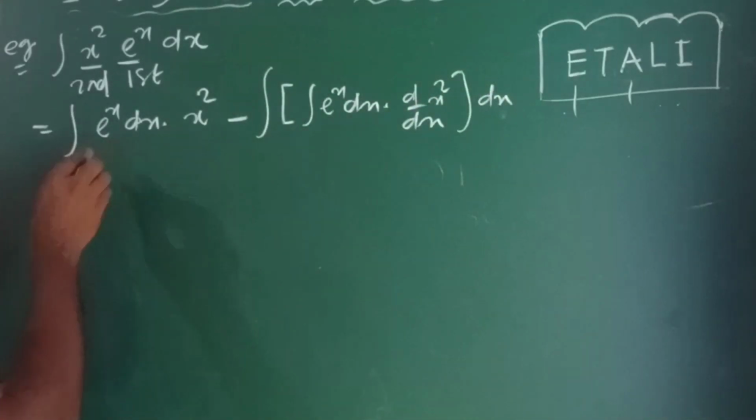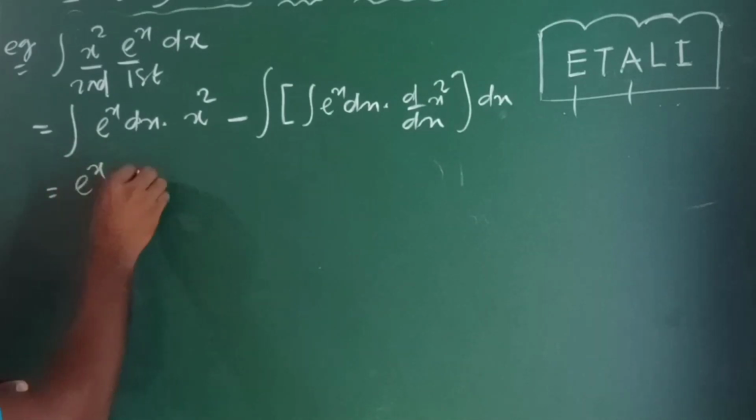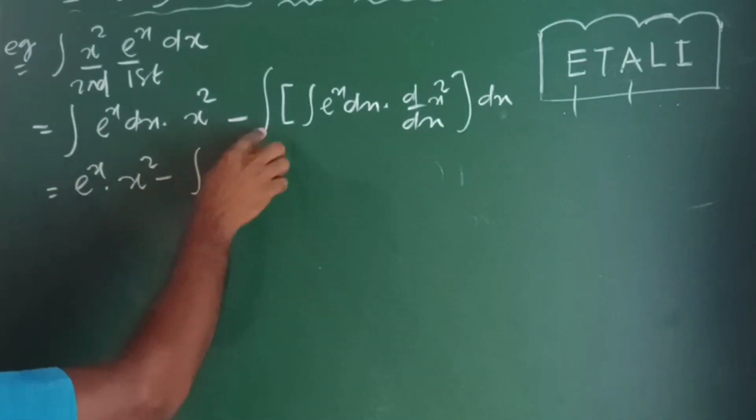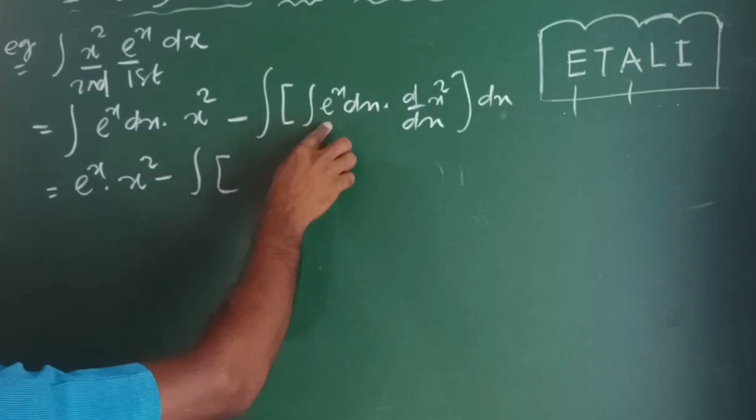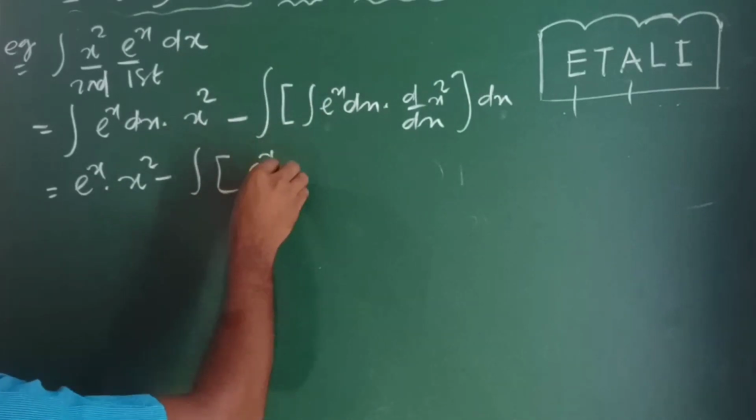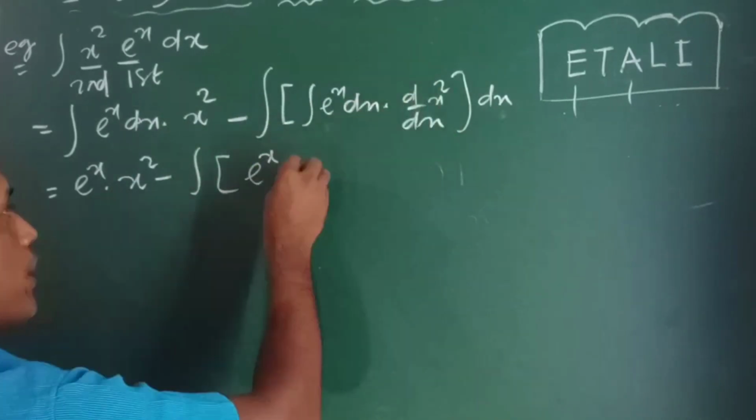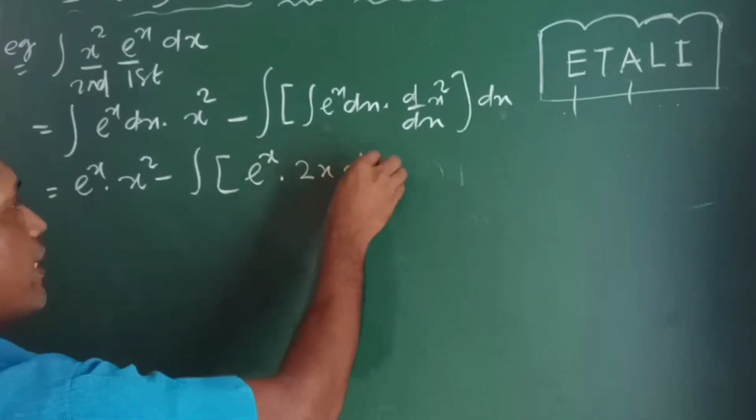Now this is integration of e to the power x is e to the power x into x square, minus integration of e to the power x is e to the power x into derivative of x square is 2x, and integration.